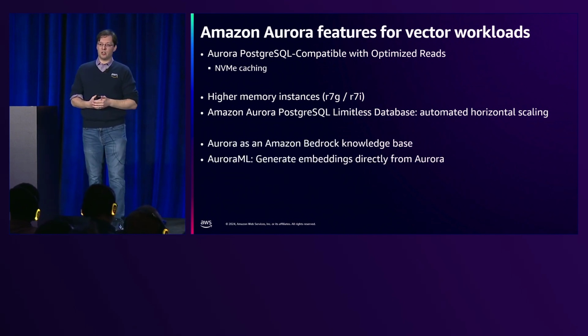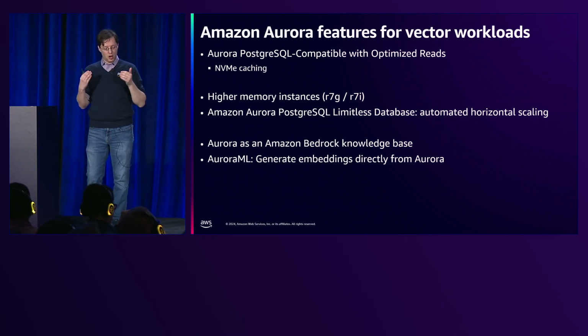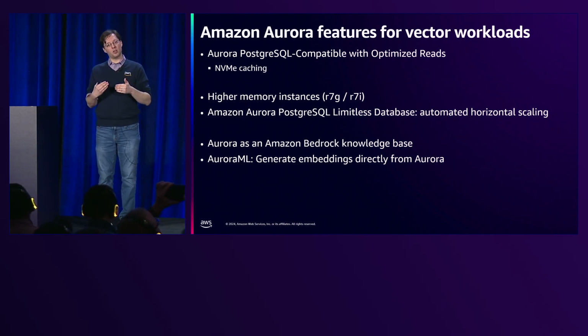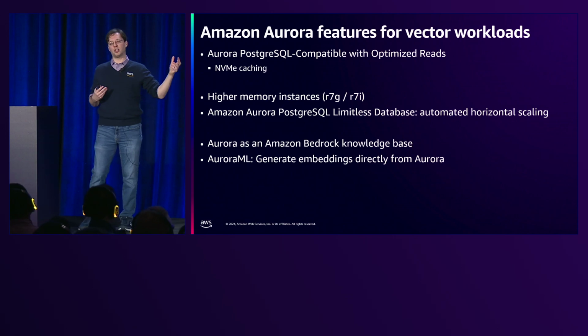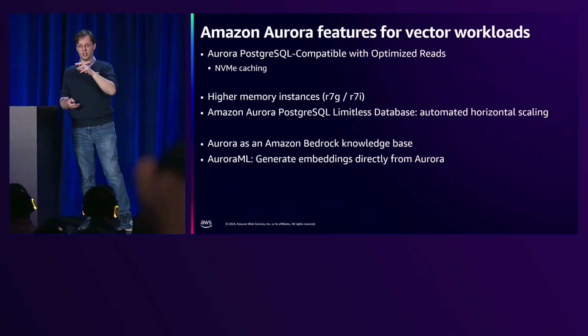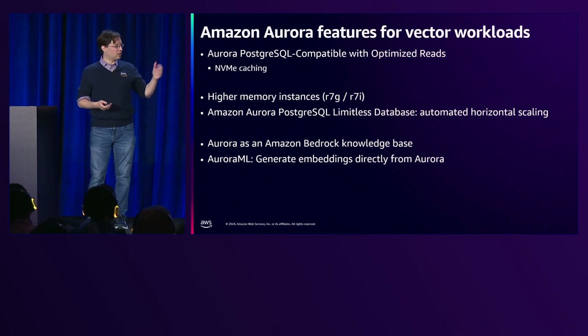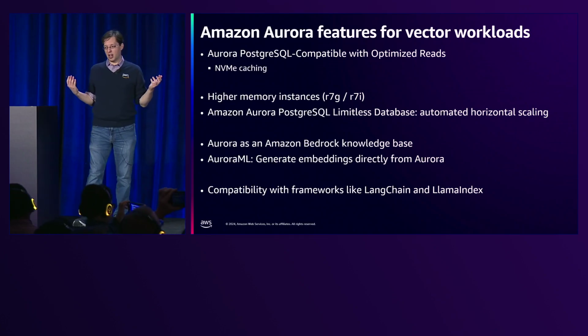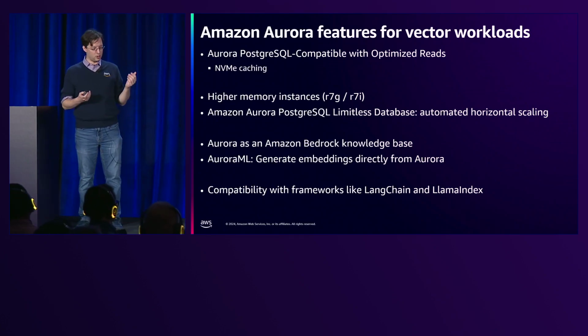There are also builder features to simply connect your data, whether it's data residing in your Amazon Aurora database to embedding models in Amazon Bedrock, or vice versa, where you have an external data source that you're transforming into vectors and putting into your Aurora database. And finally, there's general compatibility: because Amazon Aurora is Postgres compatible, a lot of builder tools already work with it.